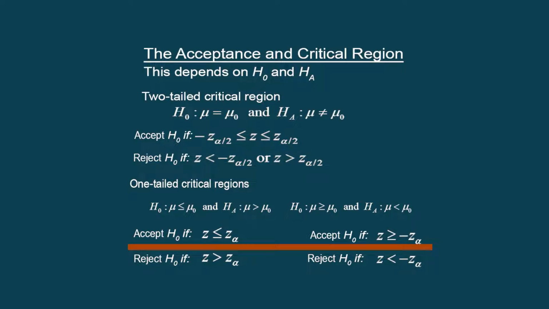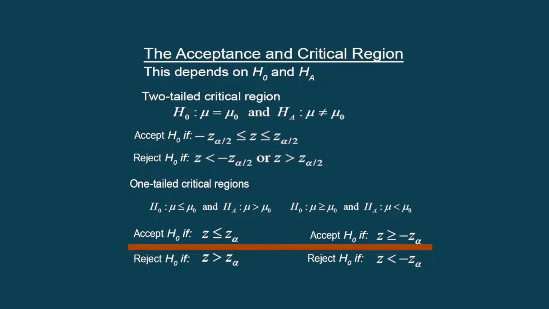One point to be noted: here we refer to alpha because it is not a two-tailed distribution, it is not alpha by 2. So we accept or reject our decisions at the 5% level of significance, not at 0.025. So we accept H naught if Z is less than or equal to Z alpha, or we reject H naught if Z is greater than Z alpha, depending upon the inequality that we have imposed in H0 or HA.